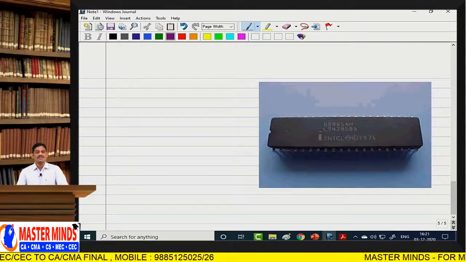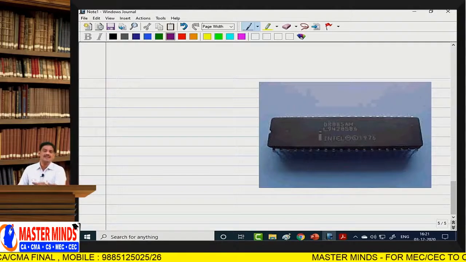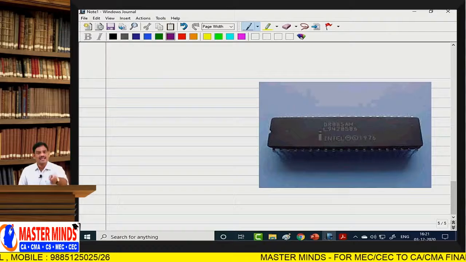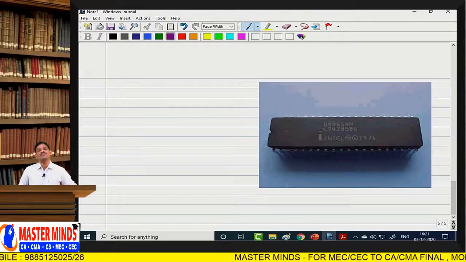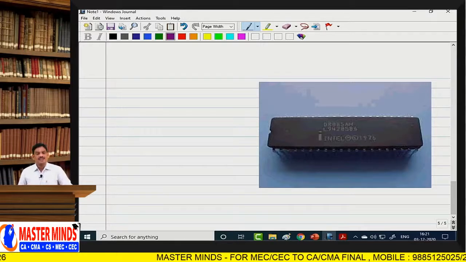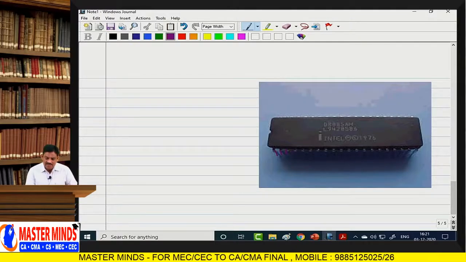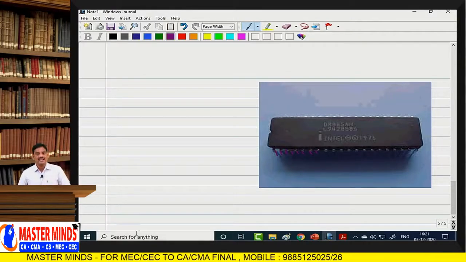What is a semiconductor? It acts like both an insulator and a conductor, such as silicon, germanium, gallium, indium and so forth. Commonly we are using silicon. On a semiconductor material we have a number of pins, and each pin has a specific functionality.